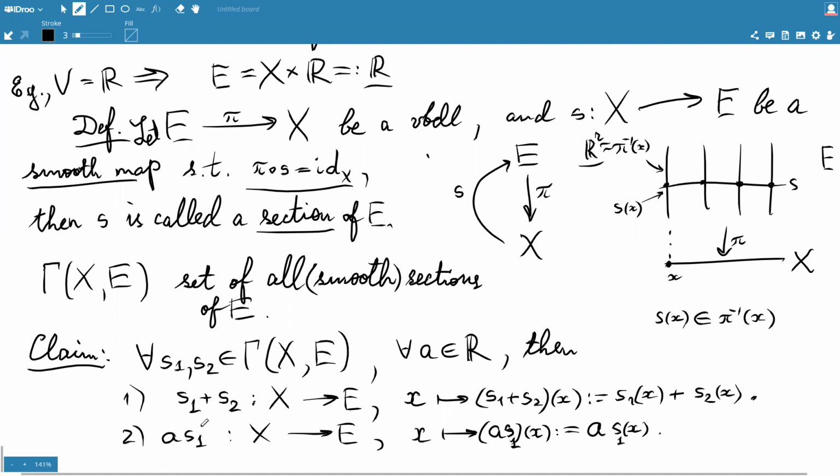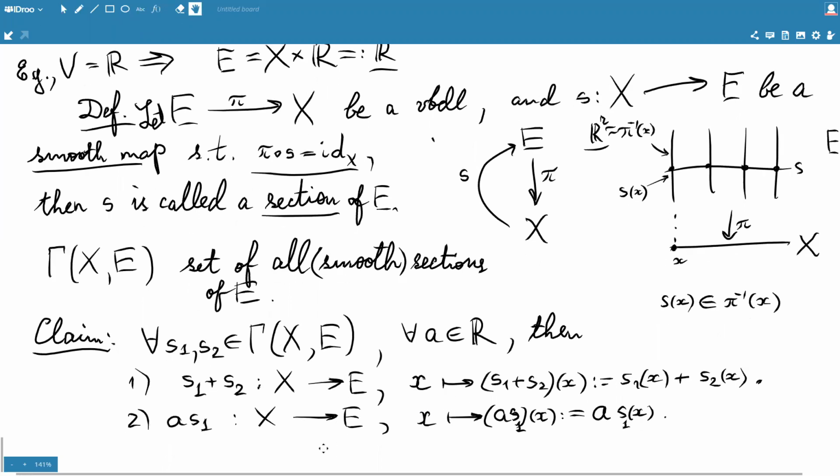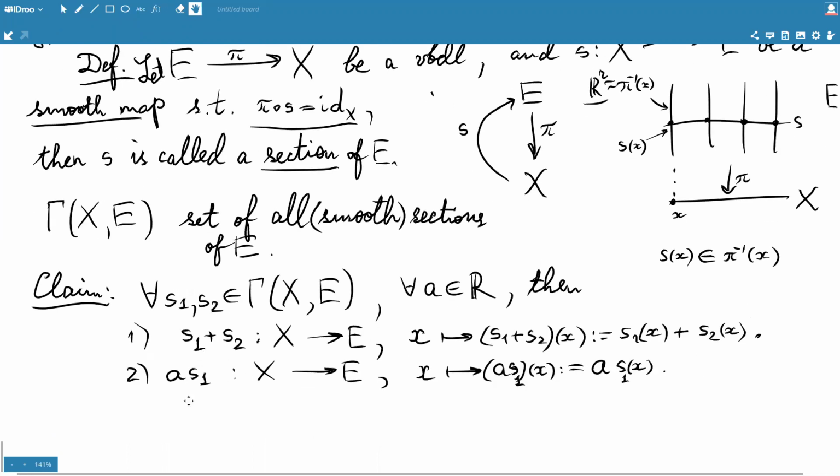The claim is that both maps, S1 plus S2 and A S1, are again smooth sections. That means that S1 plus S2, respectively A S1, belong to this space, the set of smooth sections.